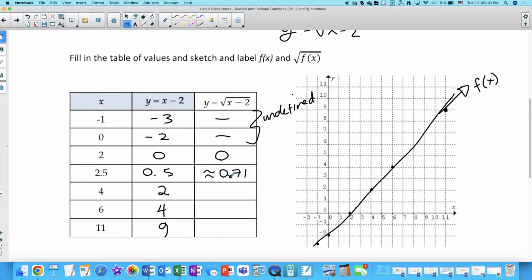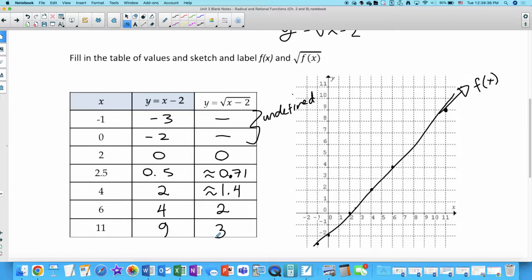So that's 1 point something. 1.4. And I could have put 0.7 because when we're looking at decimal values like this, I'm going to be approximating the y value of that point anyway. And there won't be much difference between 0.7 and 0.71. Okay, what about this guy? 2, and this one? 3.